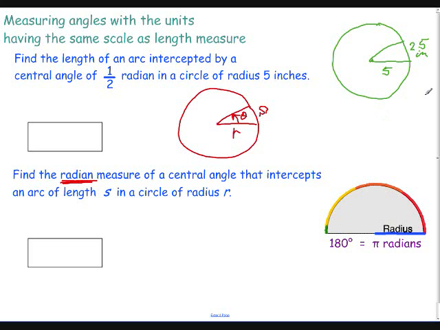The arc length was 2.5, and I found that because my radian measure on this one was 0.5. Half a radian. So 0.5 radians. My radius was 5. And how did I find my arc length?